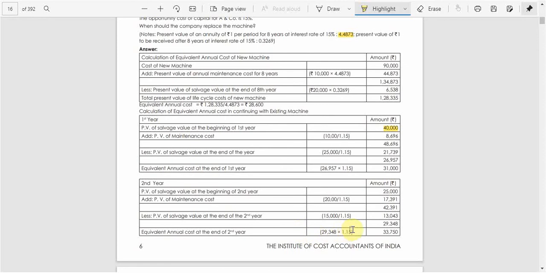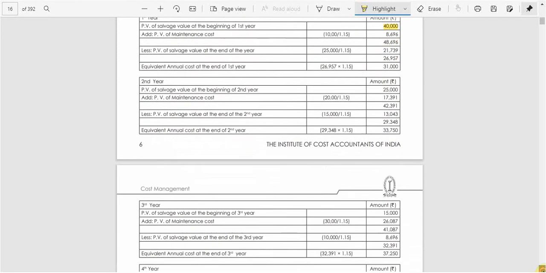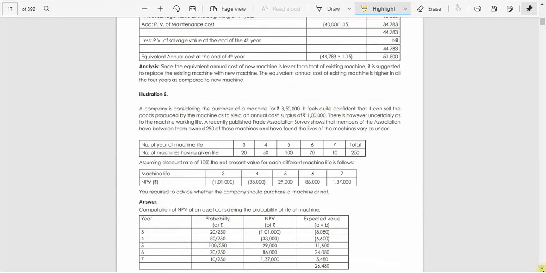So the total outflow will become 29,348. Then we need to calculate the equivalent annual cost, which is to be divided by 1.15, which comes to around 33,750. Like that, we need to calculate for the third year and fourth year also.